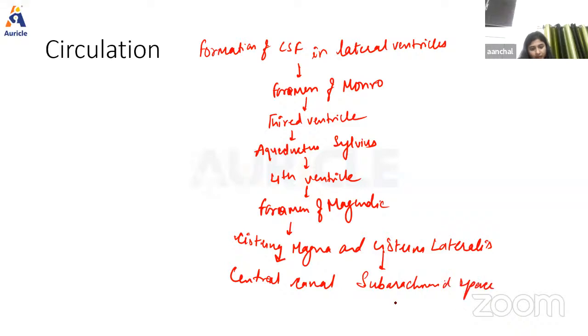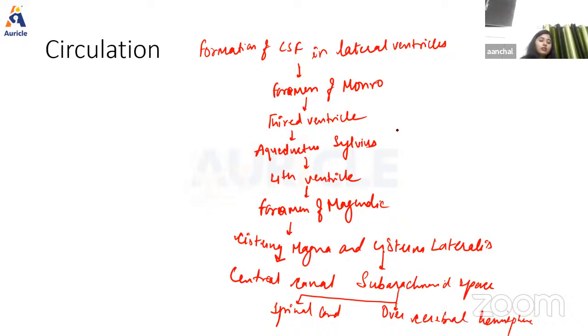And from the subarachnoid space, it enters the spinal cord and over the cerebral hemisphere. Okay, so this is all about the circulation that occurs inside the various ventricles and spinal cord and over the cerebral hemisphere also.